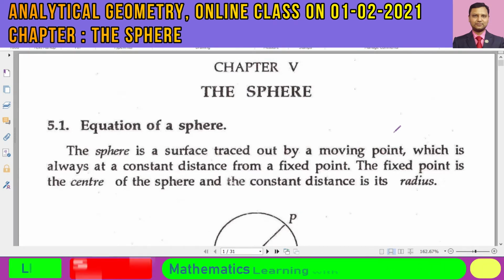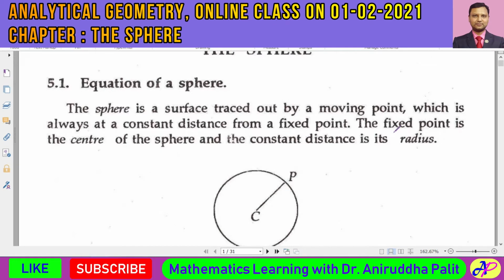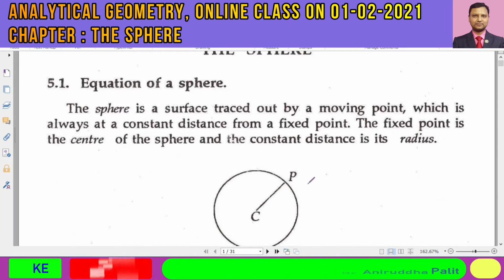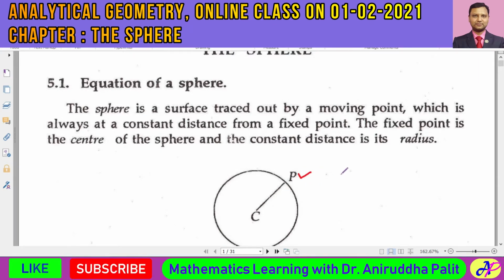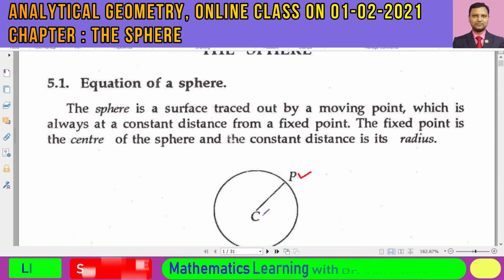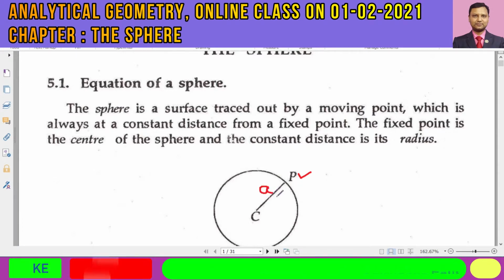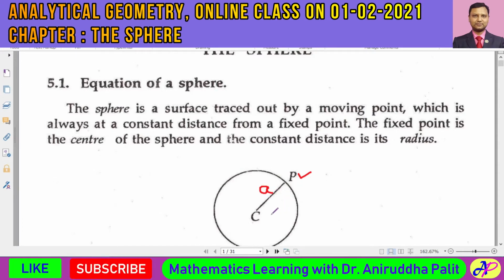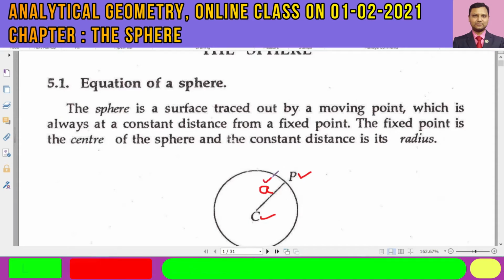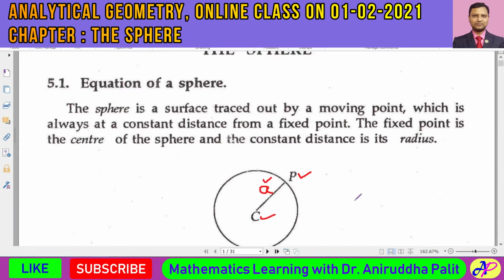It is a surface generated by a point P such that this point P always maintains a constant distance, let us call it small a, from this fixed point C. This fixed point is called the center of the sphere, and this a is called the radius of the sphere.